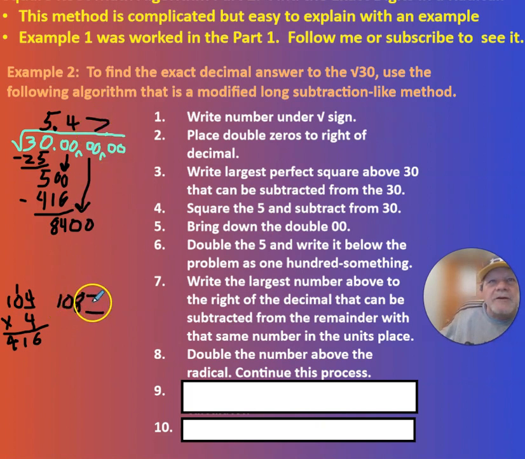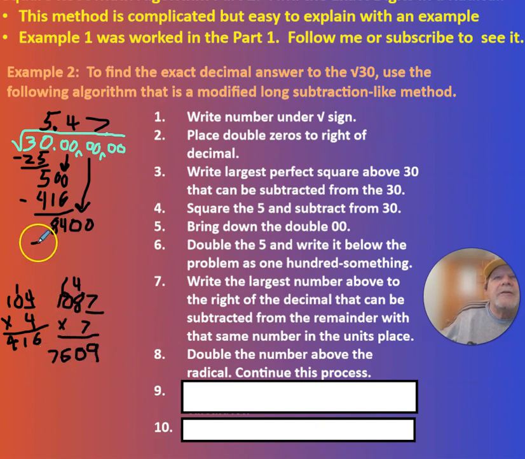And I have to put the 7 in here. And then I multiply this by 7. 7 times 7 is 49. Carry my 4. 7 times 8 is 56 plus 4 is 60. Carry my 6. 7 times 0 is 0 plus 6 is 6. 7 times 1 is 7.